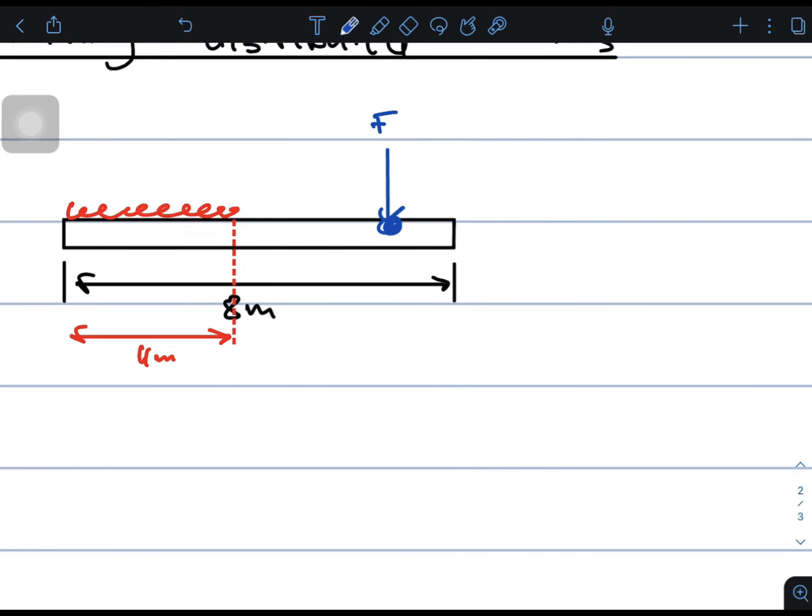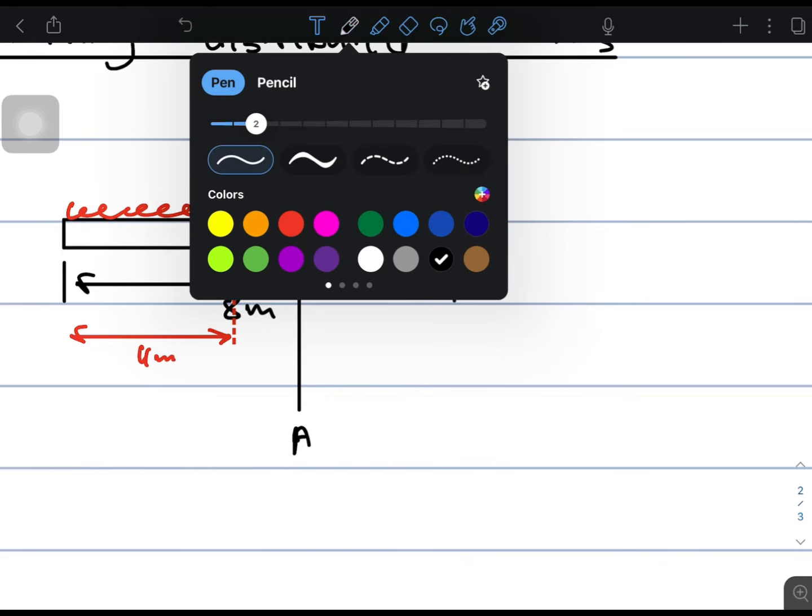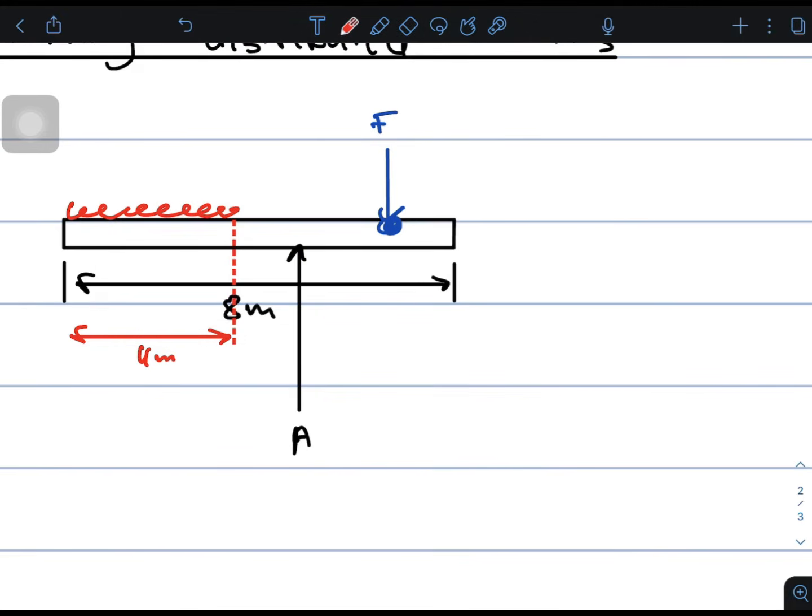Okay, I'm just going to put one reaction. It should be two, but I'm putting one just for the purpose of demonstrating what a uniformly distributed load is. A uniformly distributed load is a force that acts along a portion of the beam, or along the full length of the beam.